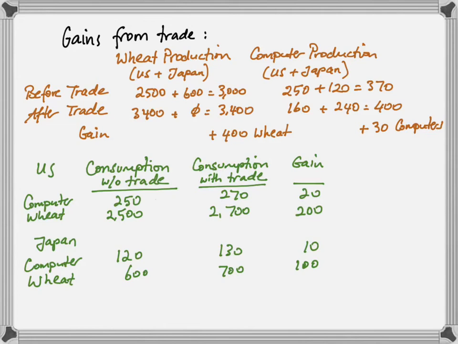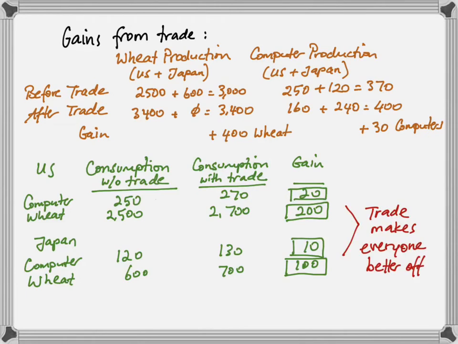On the consumption side, the US consumers can now consume 200 additional computers and 200 tons of additional wheat. And in Japan, consumers can now consume 10 additional computers and 100 additional tons of wheat.